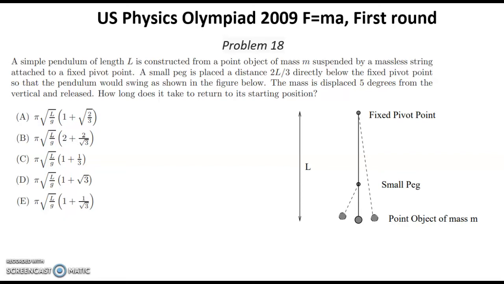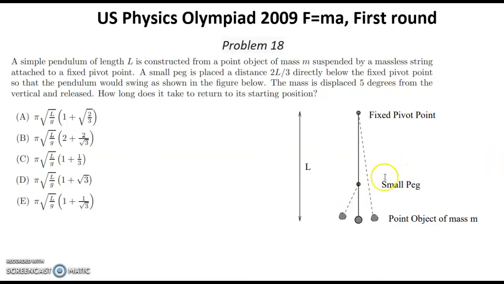Solution. Let's analyze this motion. First, the initial angle of 5 degrees is small. It's like a small oscillation, almost a harmonic oscillation. And when we reach the peg, the maximum angle will be around 15 degrees, which is small enough for small oscillations.